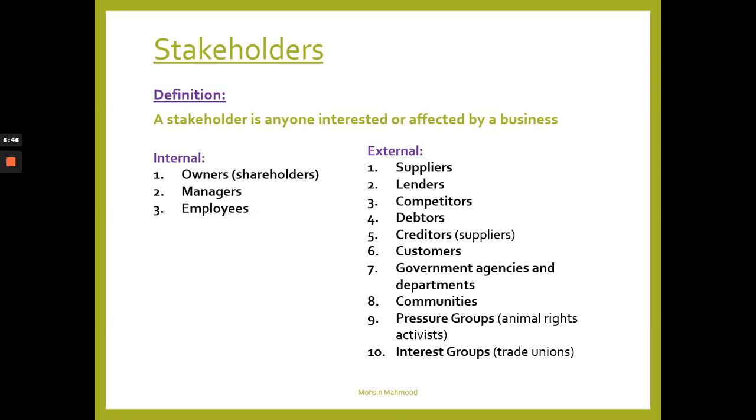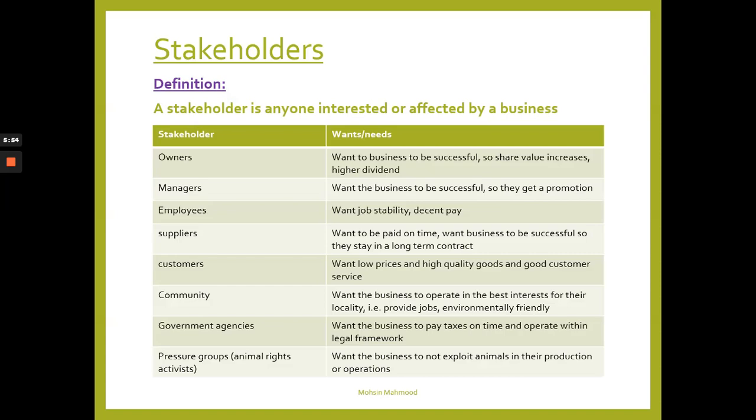And again, these are stakeholders because they are either interested or affected by a business and their decisions. Now, we've got some stakeholders on the left. We haven't picked all of them, we've just picked a few. And we've got their wants and needs. So owners, what do they want, or what are their needs from a business? Okay, so the owners or the shareholders, they want the business to be successful so their share value increases, or so they receive a higher dividend.